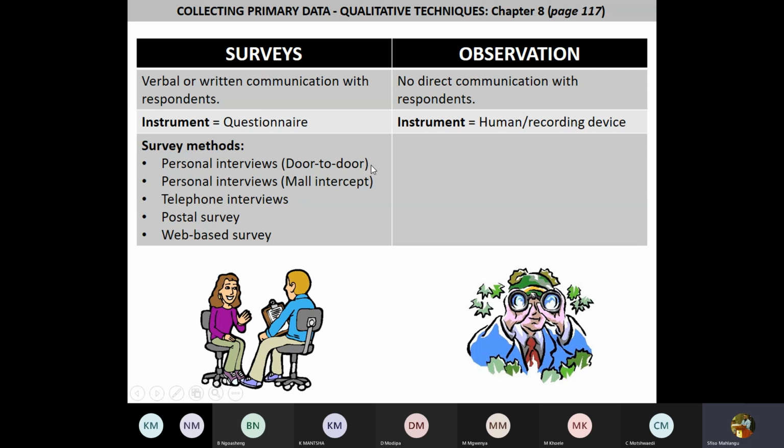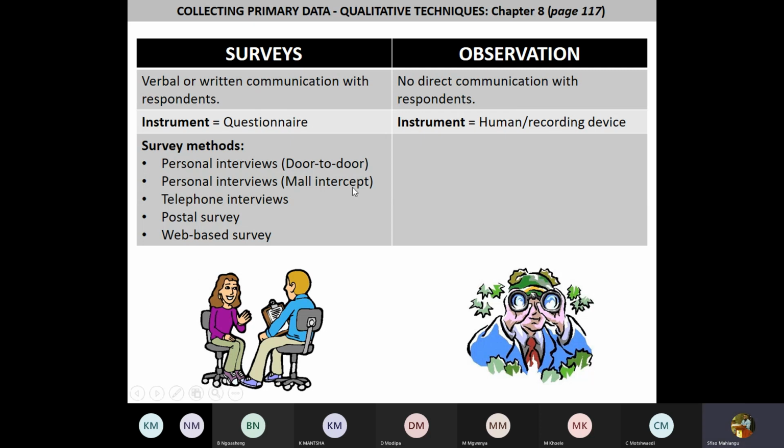You will see the personal interview explained starting on page 136. You can highlight there: personal interviews take place face-to-face, where the interviewer asks the respondent questions about a specific subject. In figure 8.3 on page 137, you've got different types of personal interviews: door-to-door, mall intercept, executive interviewing.